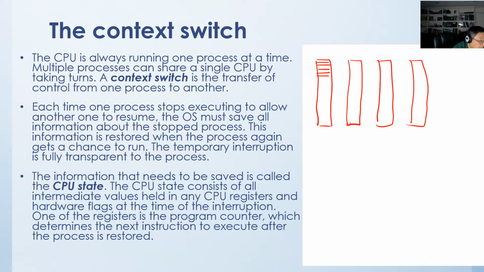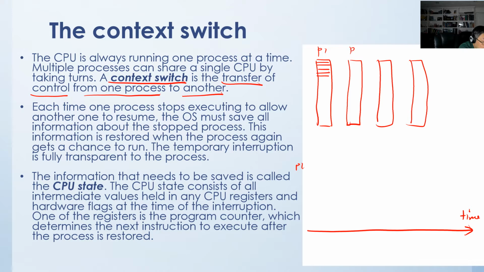A context switch is the transfer of control from one process to another. If you look at the timeline, here's the time, and here are process 1, 2, 3, and 4.